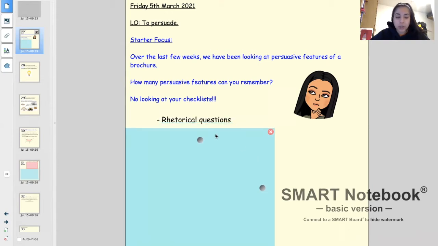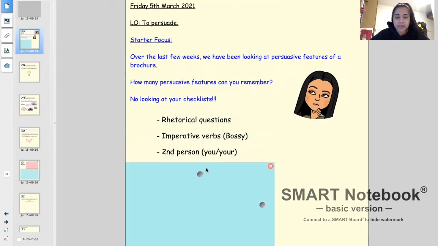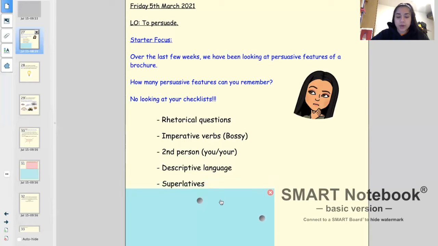So we've got rhetorical questions, imperative verbs, so that's like verbs that sound like they're bossing you around and telling you what to do, like go, come, ride. Second person, using pronouns you and your. Descriptive language to capture the reader's attention and to get them to imagine how it must feel to go to your theme parks.